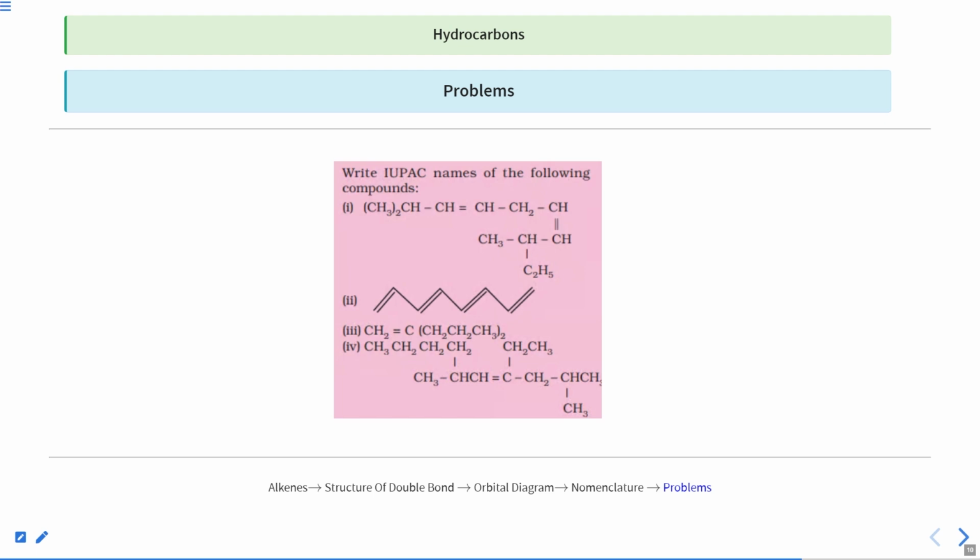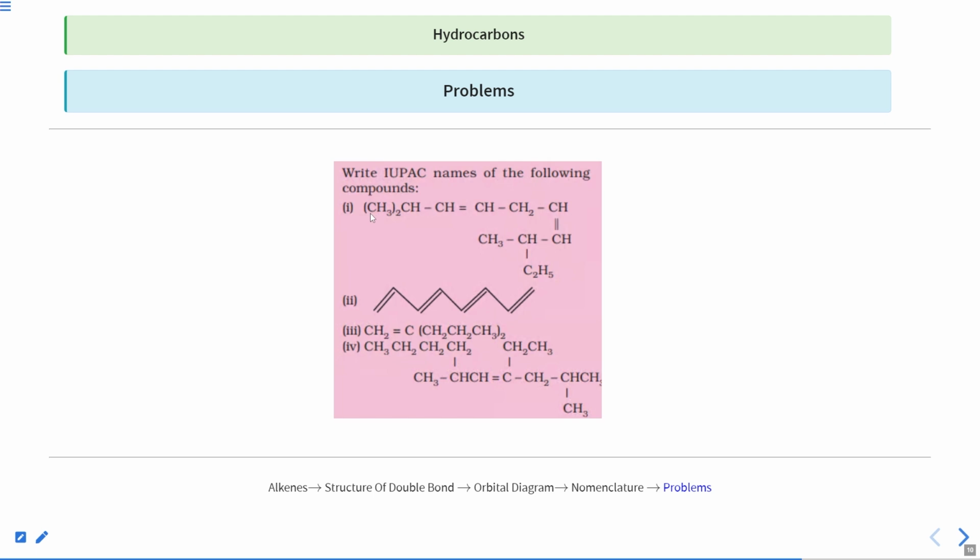If you count from the downside, 1, 2, 3, 4, on the fourth position we have a double bond. If you count from the left hand side, 1, 2, 3, on the third position we have a double bond. So we will count from the left hand side.